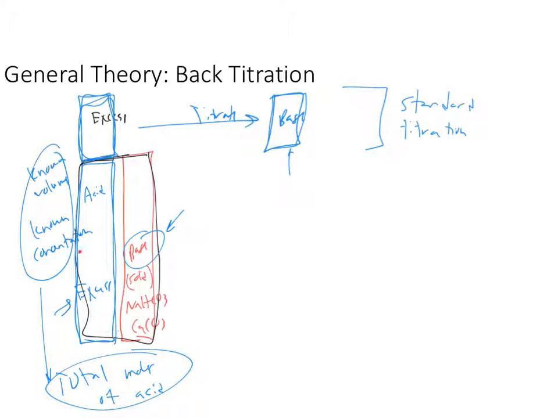And because this total volume of acid has a known volume and a known concentration, I know the moles. And if I can figure out the moles of excess from the titration, I can subtract and figure out the moles of acid. I can use stoichiometry now to figure out the moles of base. Yes, it's a bit complicated. A little bit of practice and you'll get there.